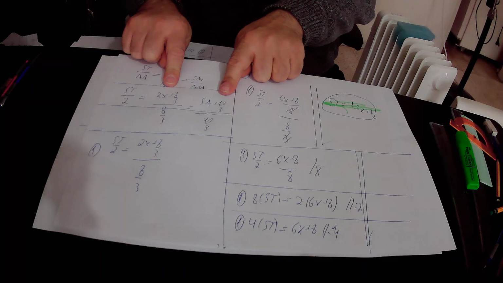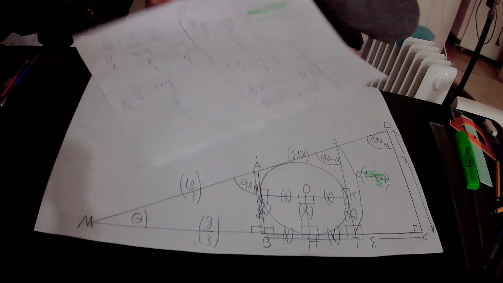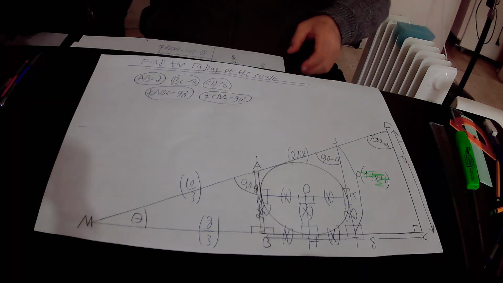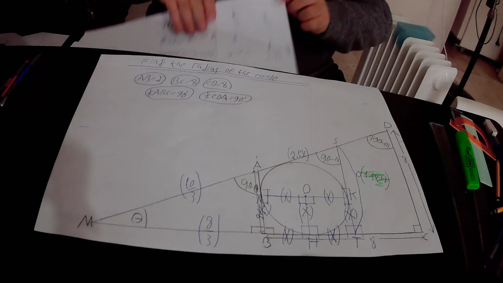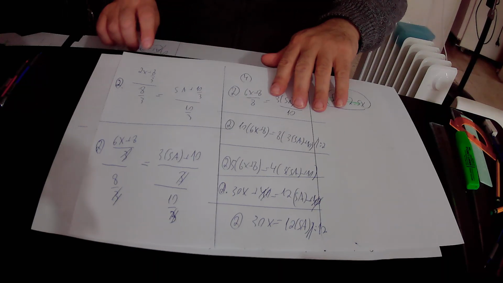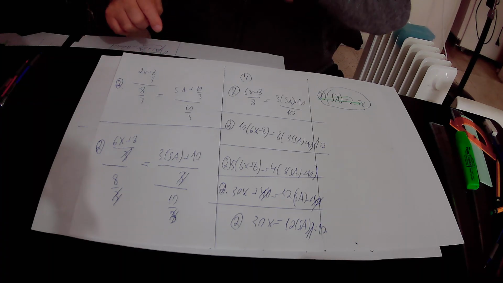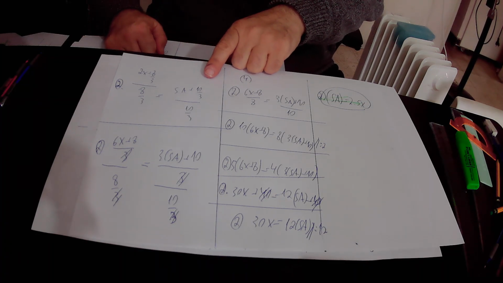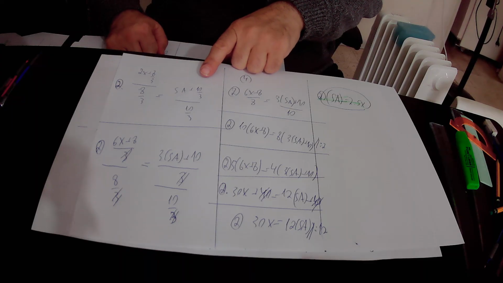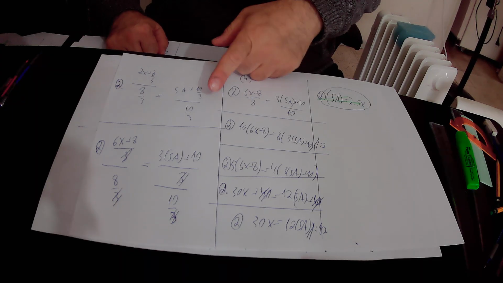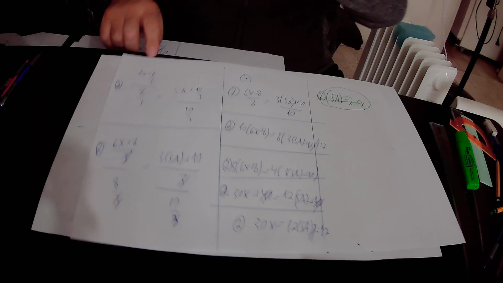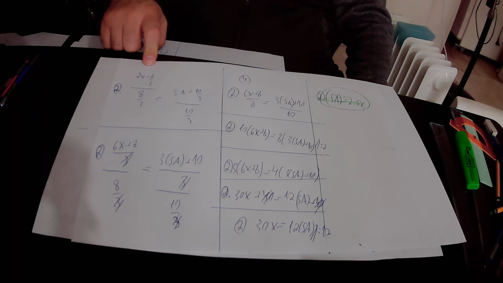According to the second equation, we have (2x plus 8 over 3) over 8 over 3 equals (SA plus 10 over 3) over 10 over 3. So on this side of the equation we have 2x plus 8 over 3.